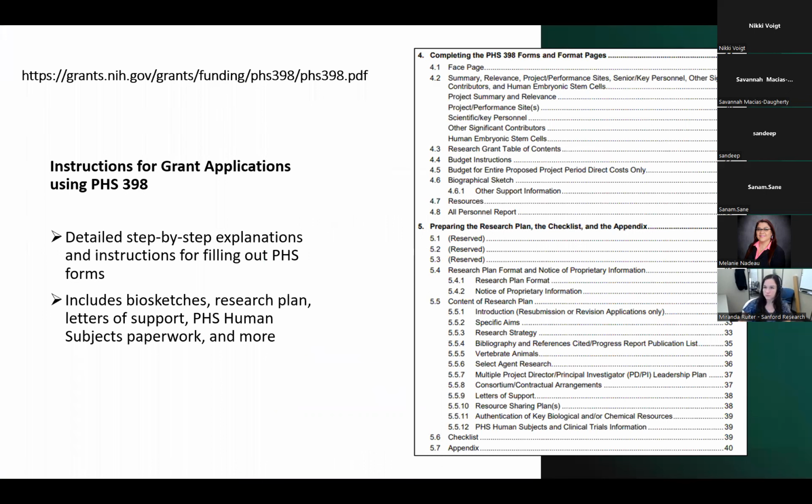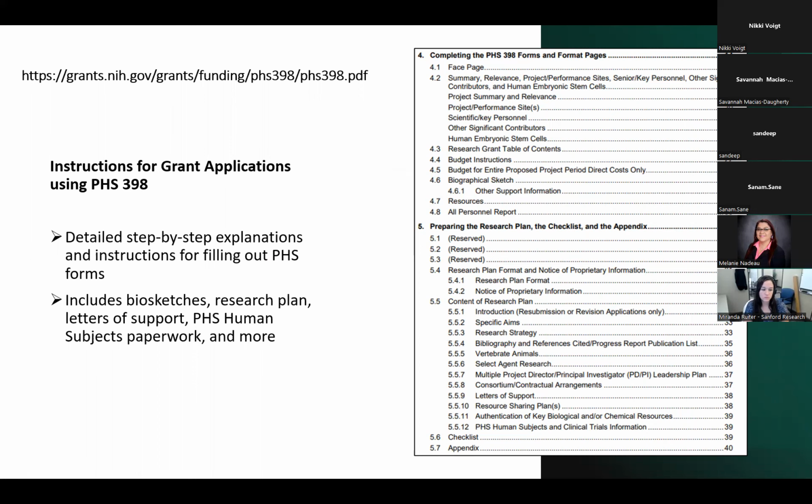So I said I was going to come back to those downloadable instructions that are on that link that I posted before, but I posted the link again here. This is the PDF form of the downloadable instructions provided by NIH. These I feel are crucial, especially if you are new to writing NIH grant applications.